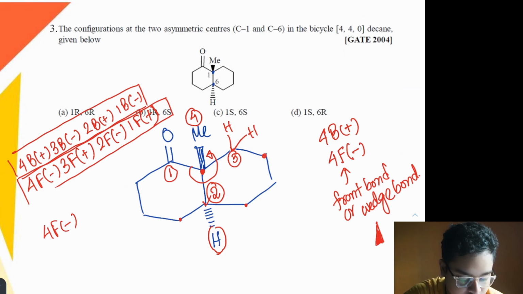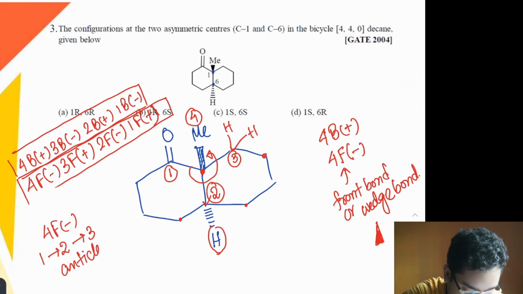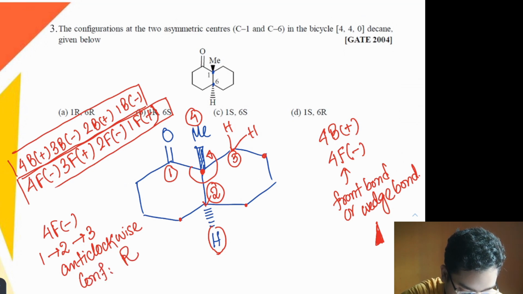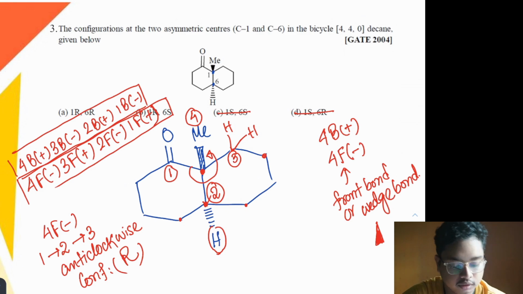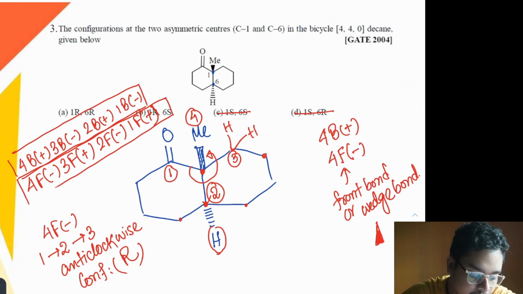So 4f plus would suggest 1, 2, 3 is anti-clockwise, and since it is a minus, that means configuration R. So this option and this option are gone. Now we have to check this particular option. Okay. Now I just simply rub out the excess things here.